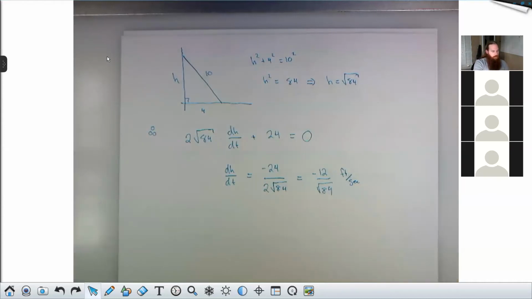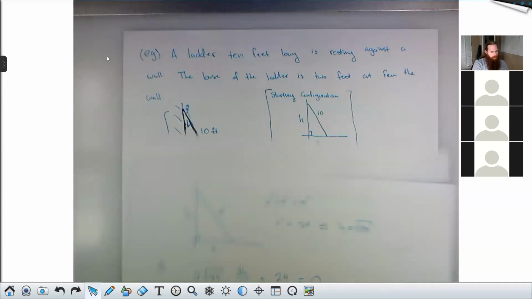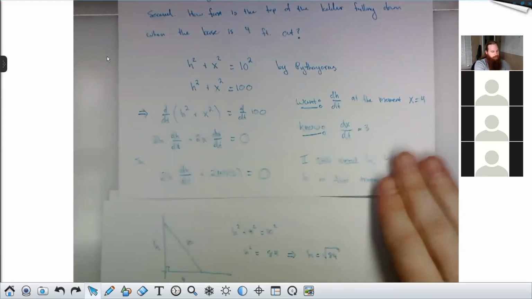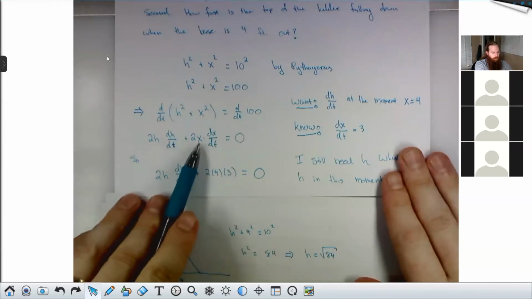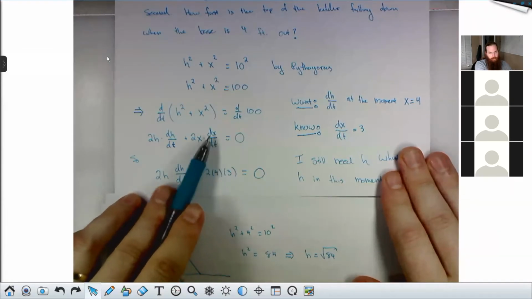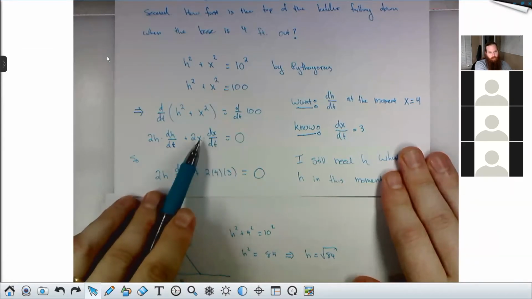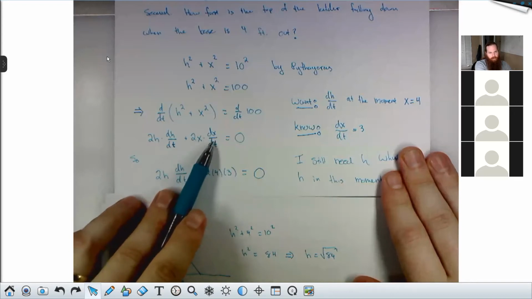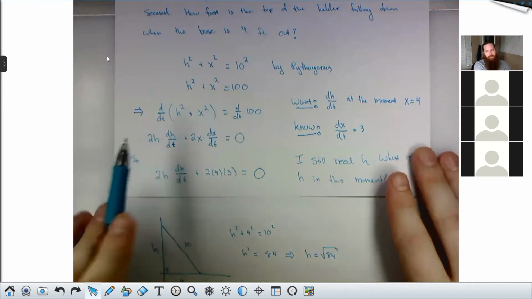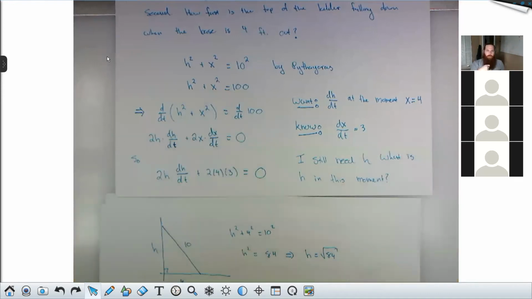If you look at the relationship we had in the previous step and do the dimensional analysis there, this is 2x, which is measuring feet, times dx dt, which is measuring feet per second. So you would have here feet squared per second. And then when you divide by the 2h, you'll get feet squared per second divided by feet, which is just feet per second.